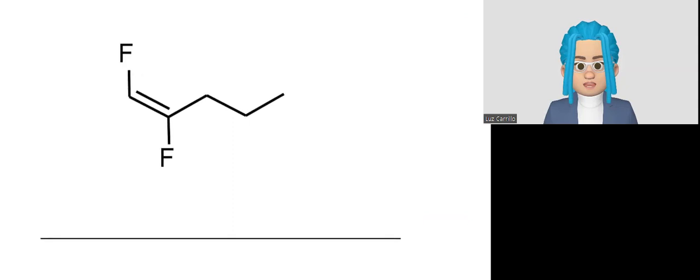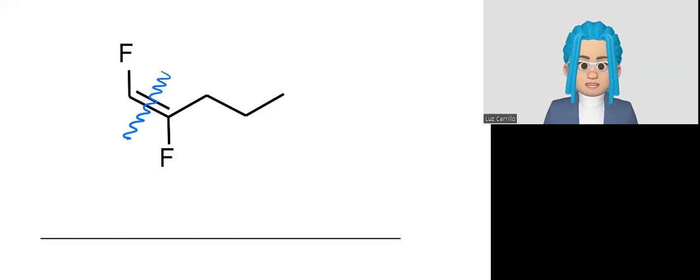We have the following alkene, and in this alkene we can observe that we have fluorine atoms. The way that we determine if an alkene is cis or trans is as follows. The first step is to take your alkene molecule and divide it in half.